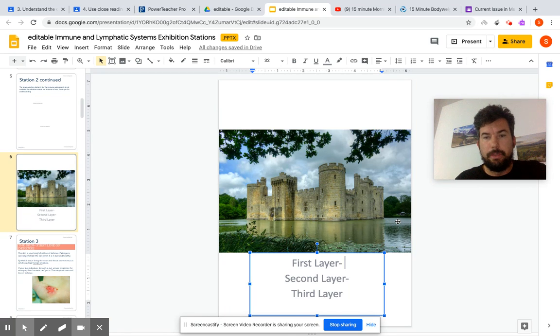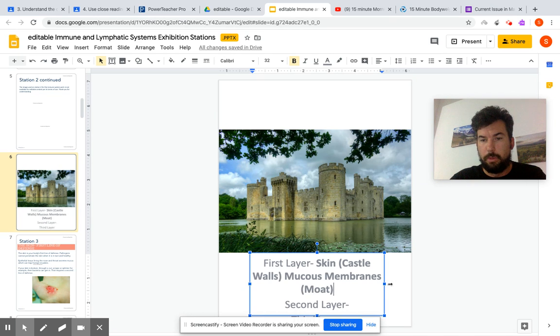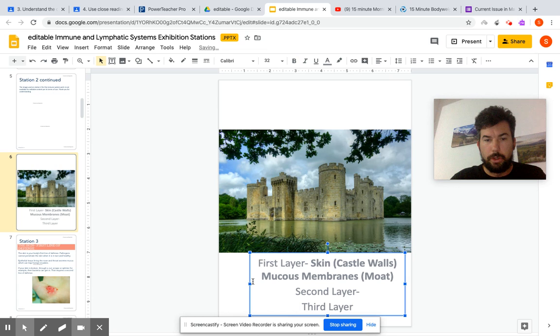And they're usually a pretty good layer of defense. So the first layer of defense is usually our skin, which is going to be the castle walls, and the mucous membranes, which is going to be our moat. And that's really the first layer of defense. Nothing overly complex there. You guys have done work on that already.